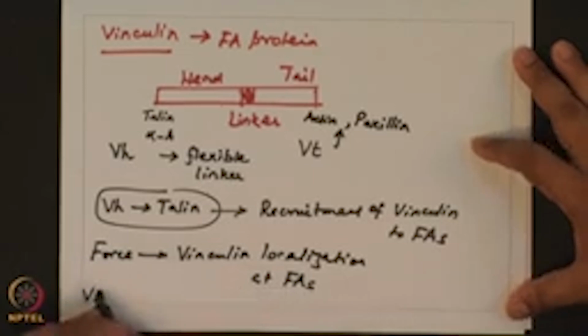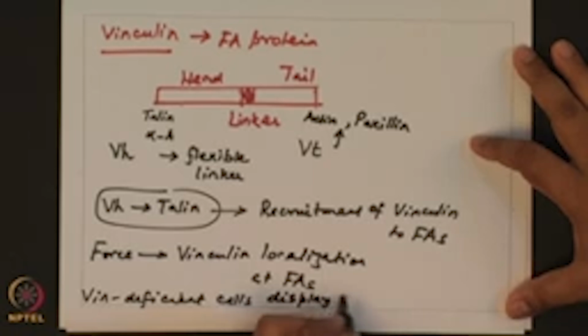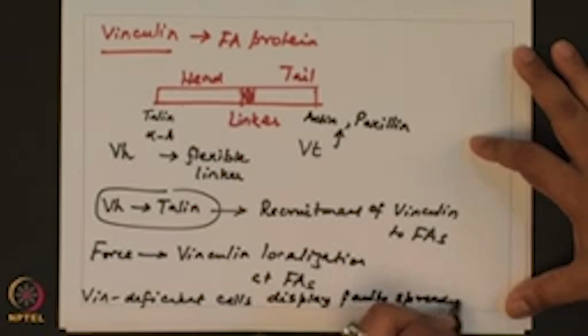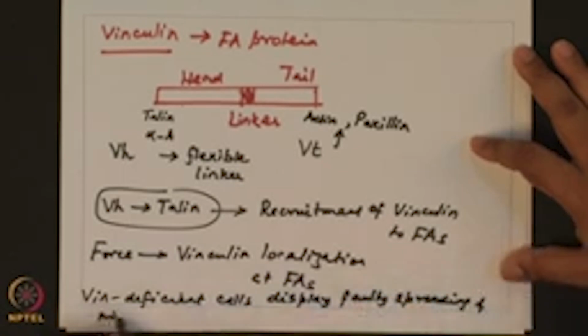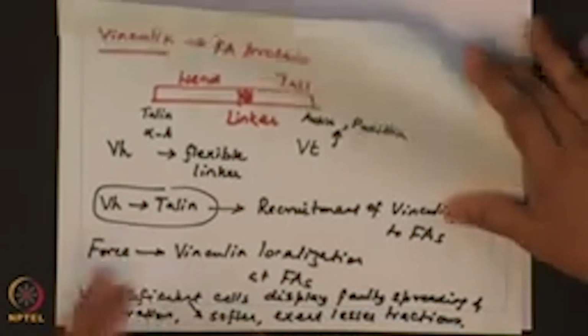Okay. And vinculin deficient cells display faulty spreading and migration. Okay. Also, vinculin deficient cells are softer compared to controls and they also exert lesser forces. Okay.